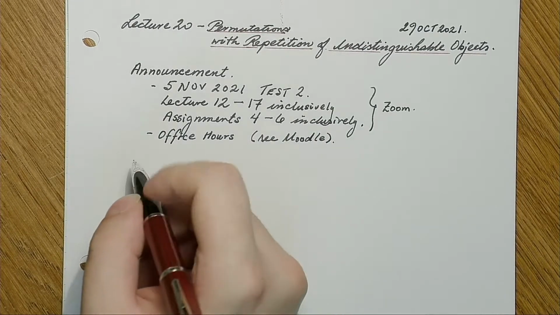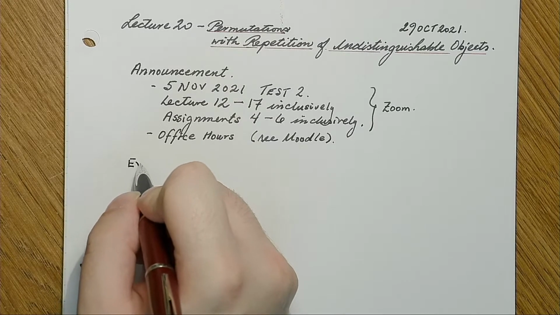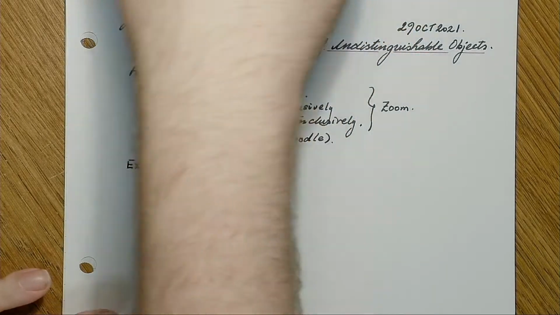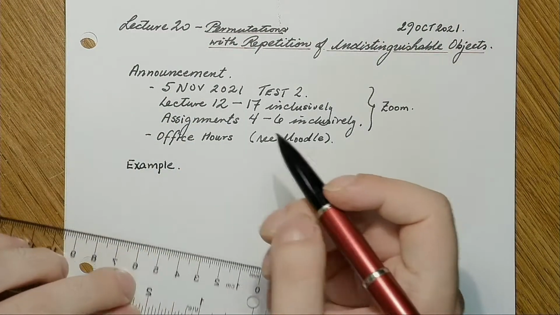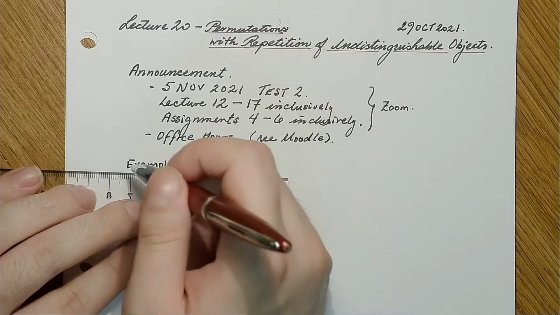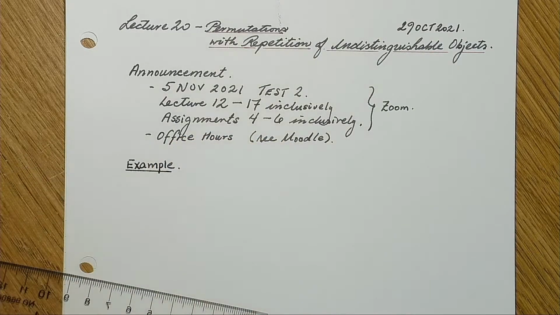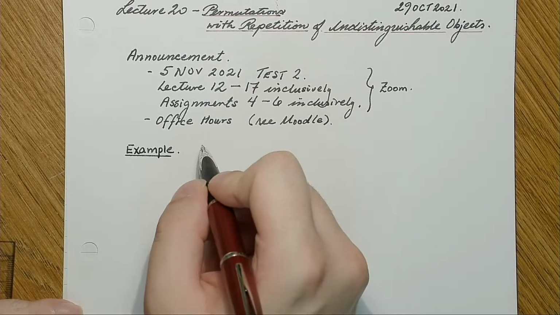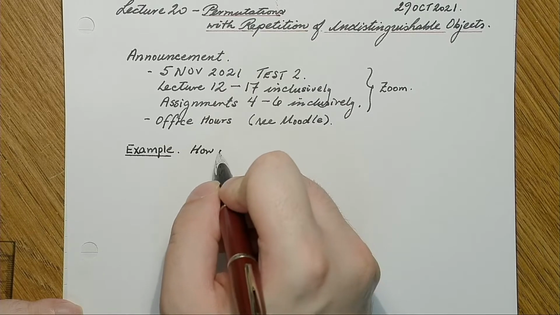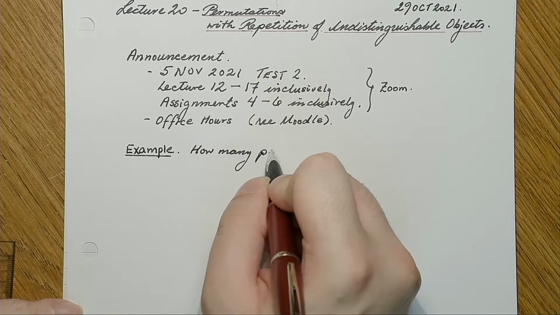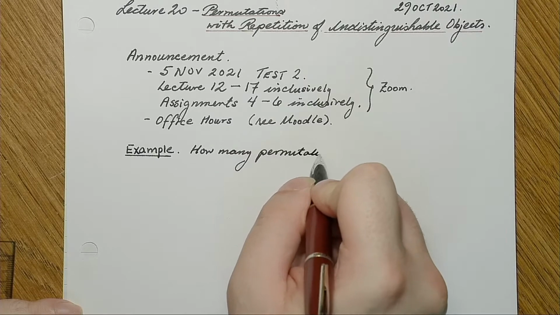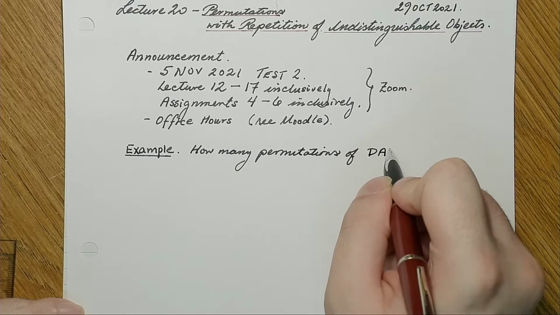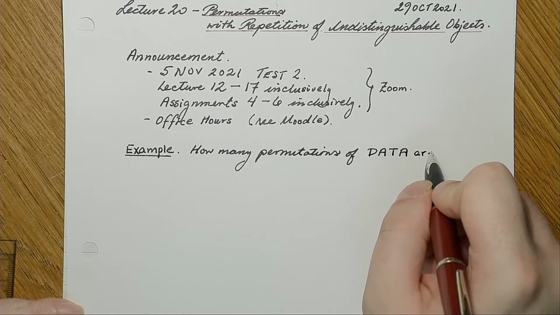So we can say, how many permutations of the word data are possible?